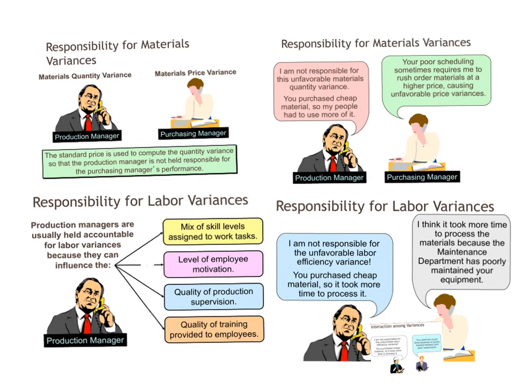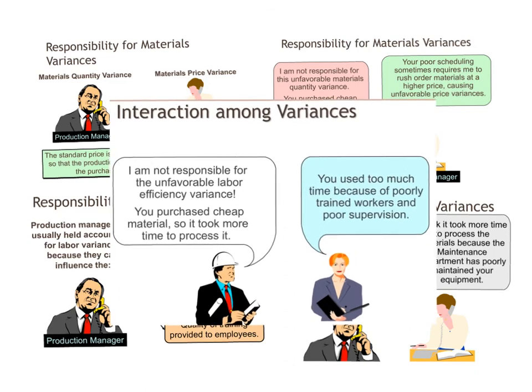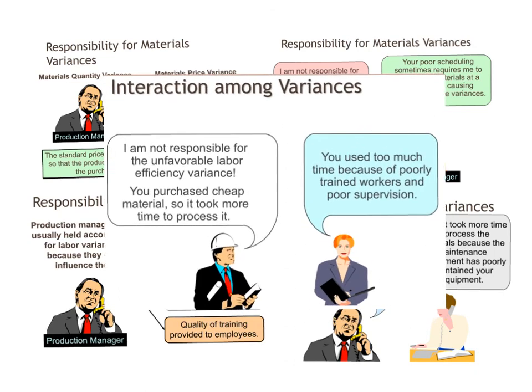So because of that, you can see that there is interaction among variances. I am not responsible for the unfavorable labor variance, you purchased cheap material, and then this is the maintenance people or the engineer, and then other people may say that you use too much time to poorly train workers and poor supervision.